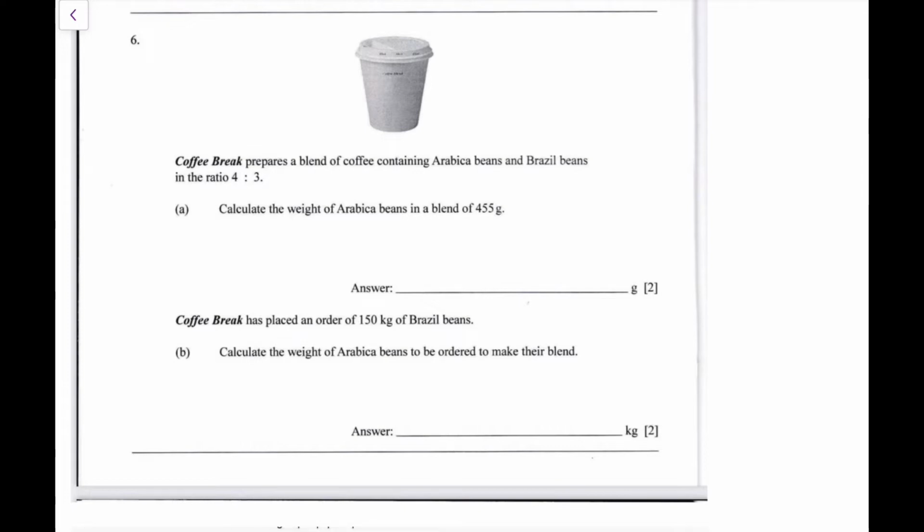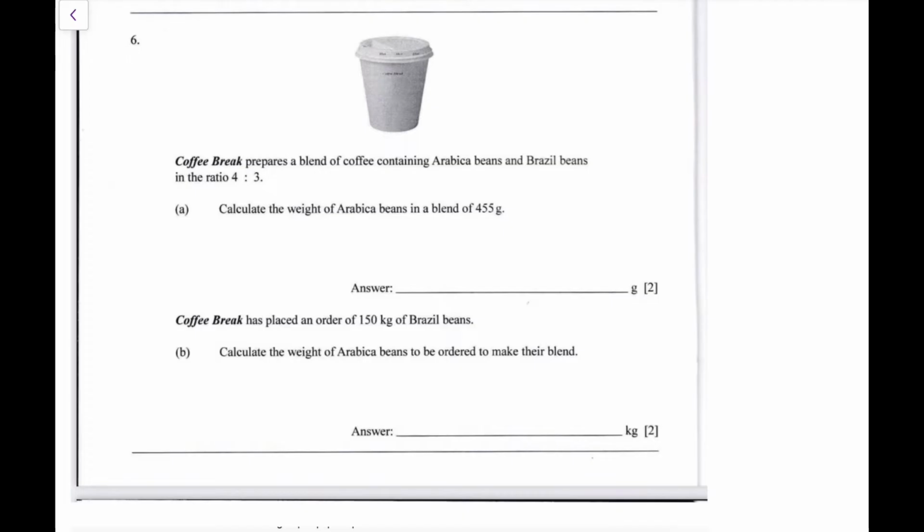Okay, so for the next question, we have Coffee Break prepares a blend of coffee containing Arabica beans and Brazil beans in a ratio of 4:3. Calculate the weight of Arabica beans in a blend of 455 grams.